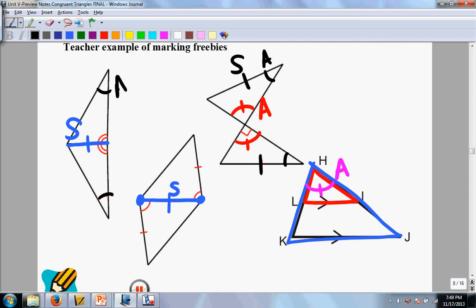For each pair, put an angle A. Here we have another pair of angles, put an angle A. Here we have a pair of congruent sides, we're going to put an S, and we have another pair of congruent angles, put an A. One S for one pair of sides, one A for a pair of angles. Here there's nothing else that's congruent. So what I first marked were freebies, the other markings were givens.